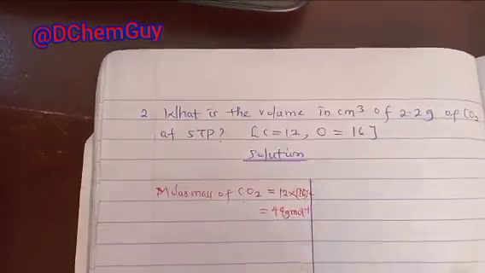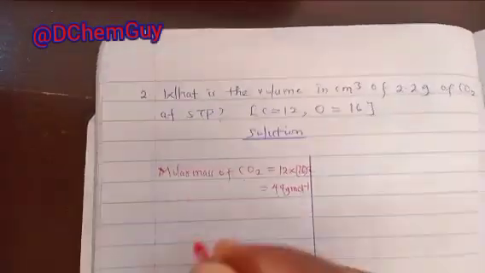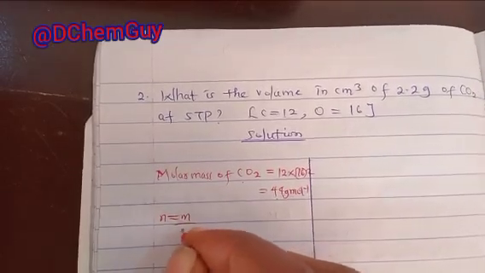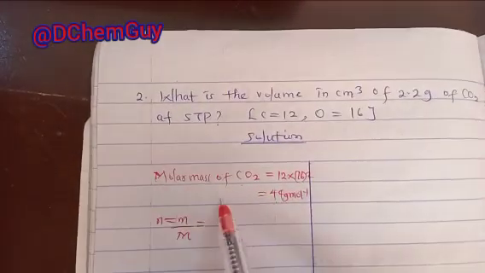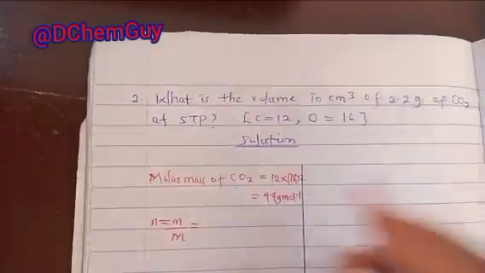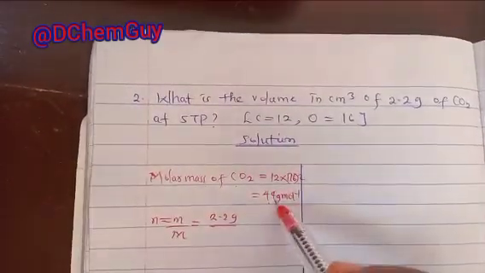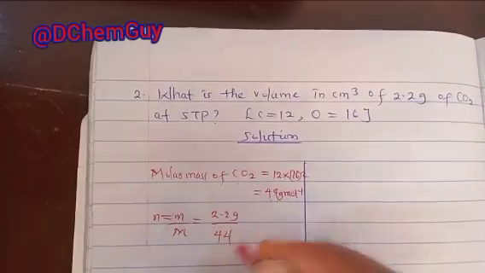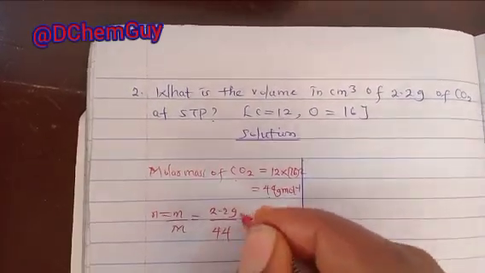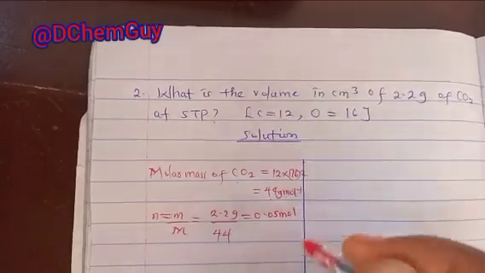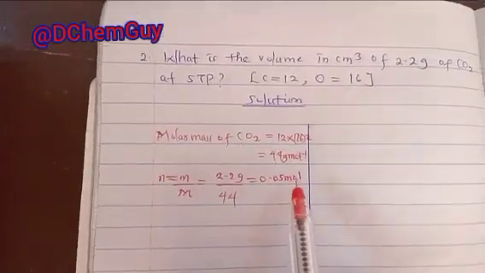Now the next line of action is to find the number of mole. Number of mole equals mass over molar mass. Our mass here is 2.2 gram and our molar mass is 44, so this gives 0.05 mole.